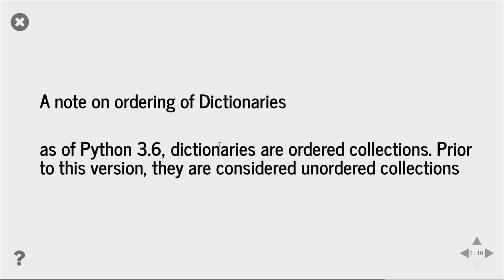If you need to order a dictionary and you want to be extra careful, there is a module called OrderedDict that allows you to create a dictionary that is guaranteed to be ordered, and that would be backward compatible to older versions of Python. We don't do that here, but just be aware that there is an option to ensure that your dictionaries are ordered.